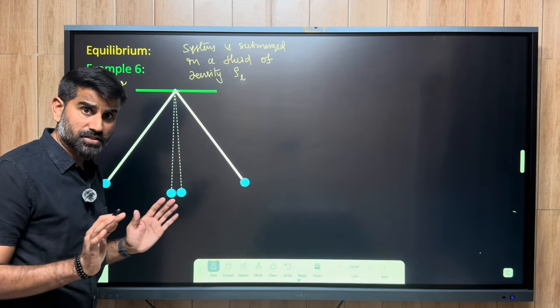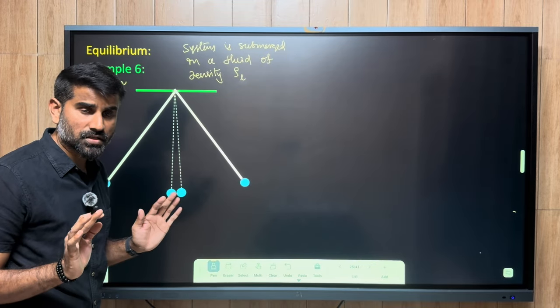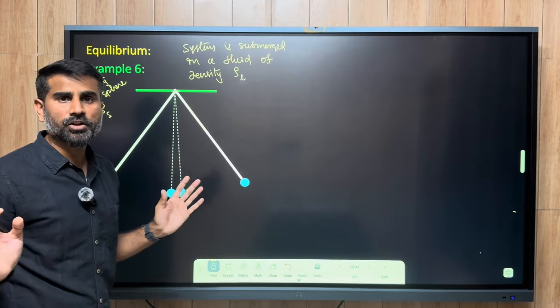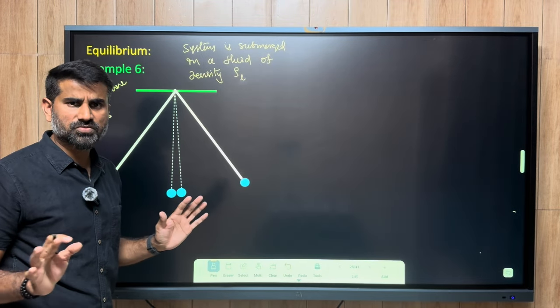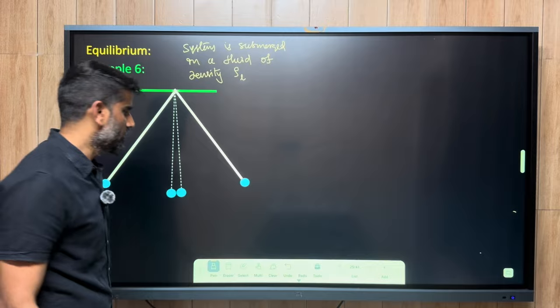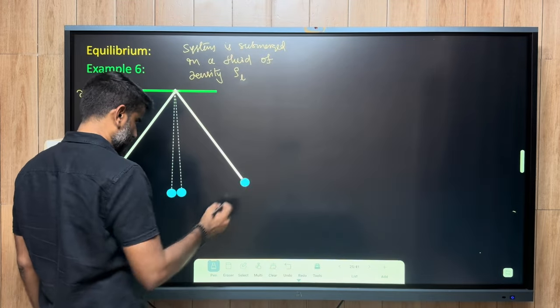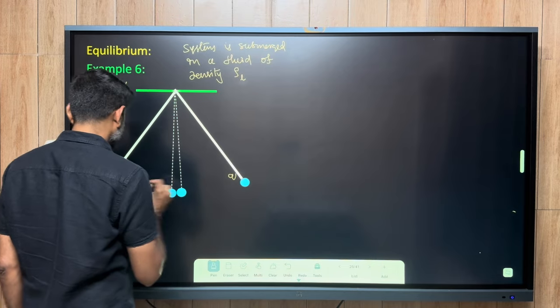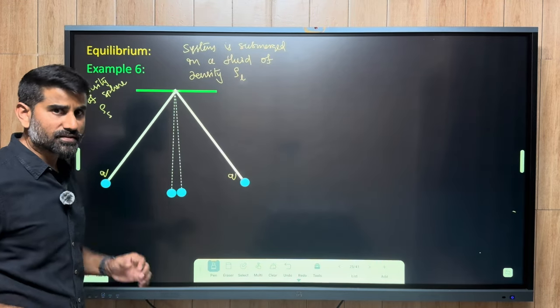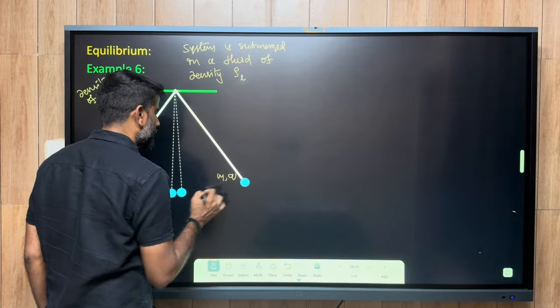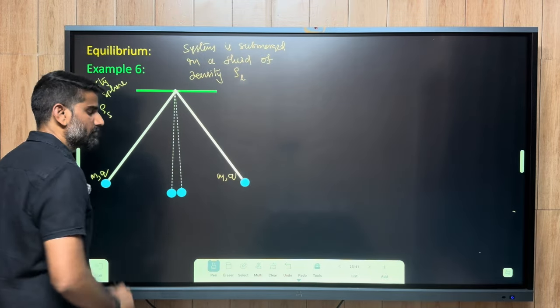Now what exactly happens? The amount of charge will not change even if it is placed in any medium. Charge is independent of medium; charge value does not change with speed or medium. So even if it is submerged in any kind of liquid or fluid, the charge remains the same, q, and mass is also independent of medium, so the mass remains the same, m.